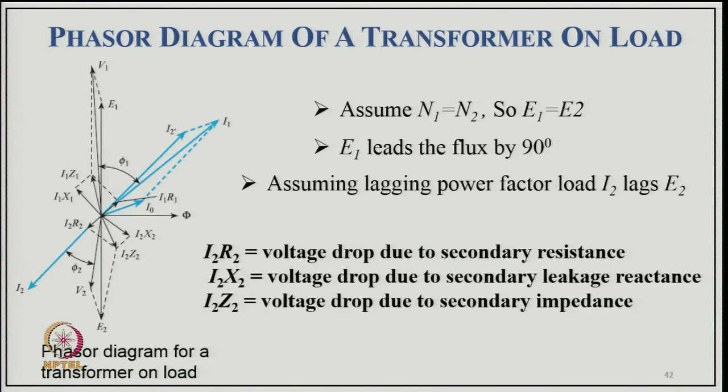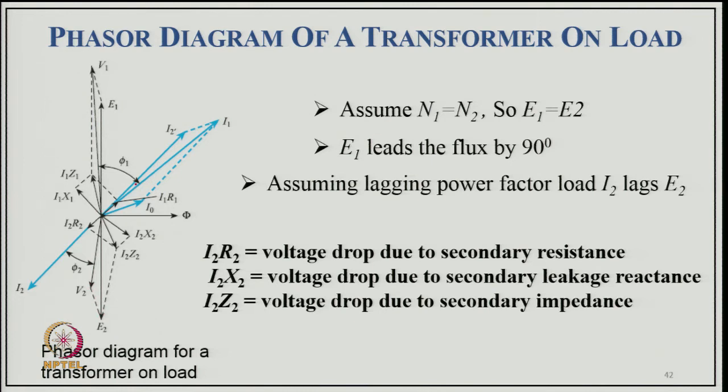And this is for the practical transformer, which we are mentioning here. We have E 1, which comes out of E 2, taking the drop of I 2 Z 2 from V 2. From V 2 to I 2 you have angle phi 2, then the drop of I 2 Z 2 gives E 2.